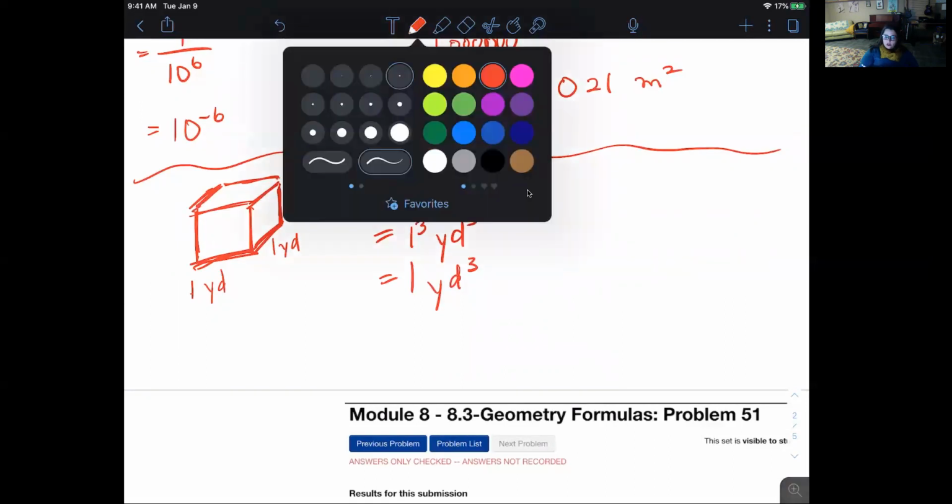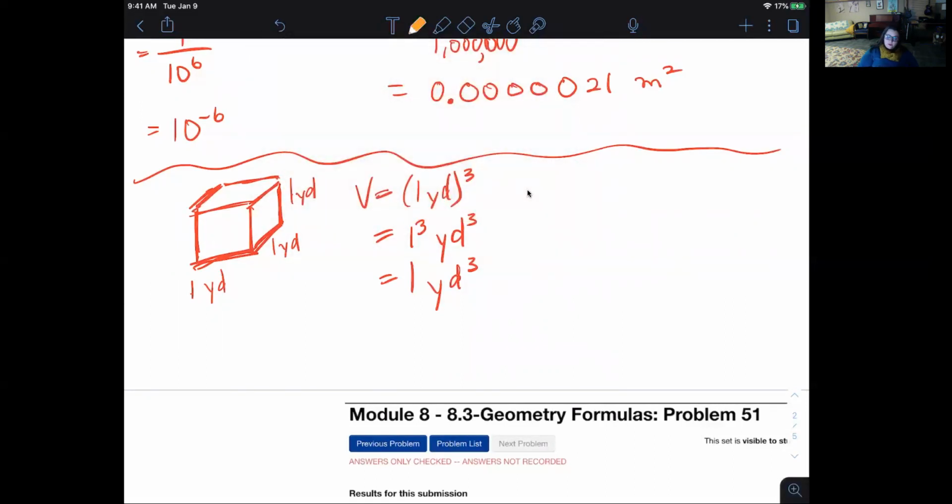Now, if you wanted to convert that to feet, each yard counts for 3 feet, right? In a linear distance, meaning like a straight line. But if I wanted to find the volume of that, I would have 3 times 3 times 3, or 3 feet cubed, multiplied by itself 3 times.